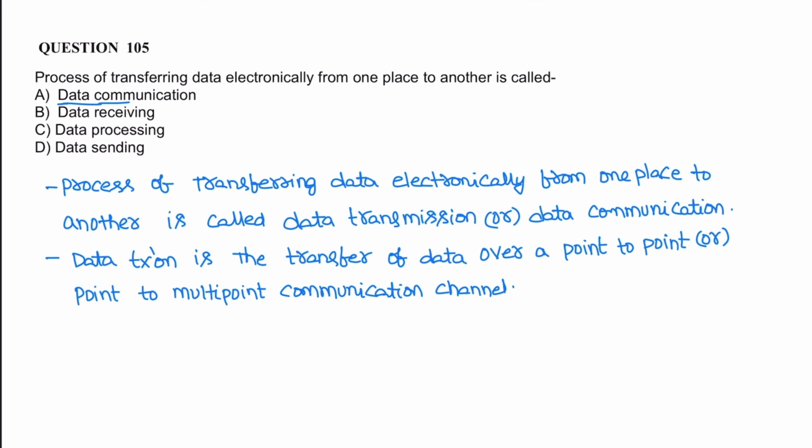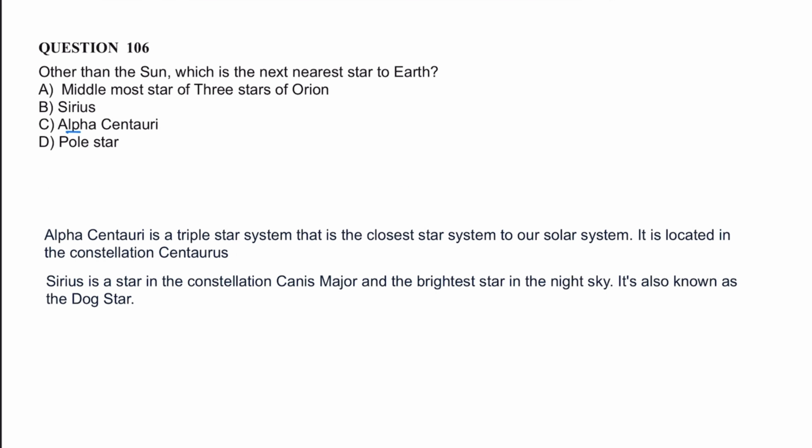Next question. Other than the sun, which is the next nearest star to the earth? So that is Alpha Centauri. Alpha Centauri is a triple star system, the closest star system to our solar system. It is located in the constellation Centaurus.